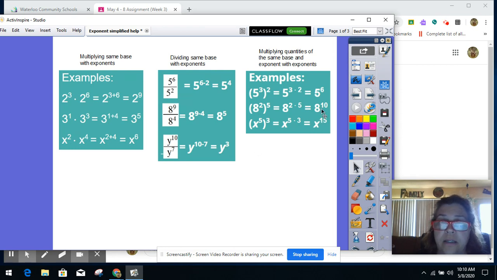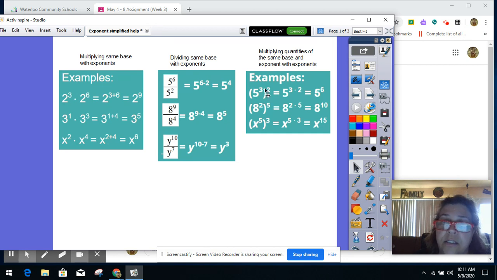And finally, we have multiplying quantities of the same base and exponent with exponents. So right here, this looks different. And if you compare, so these are multiplying, dividing. This is multiplying, but it's multiplying in a different way. These are quantities of 5 to the power of 3, to the power of 2.